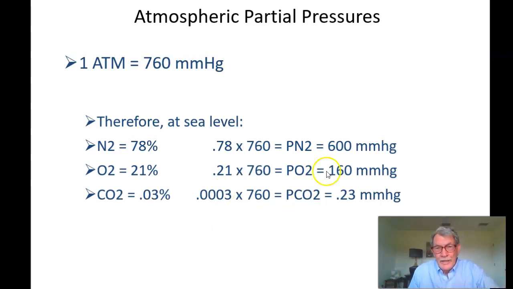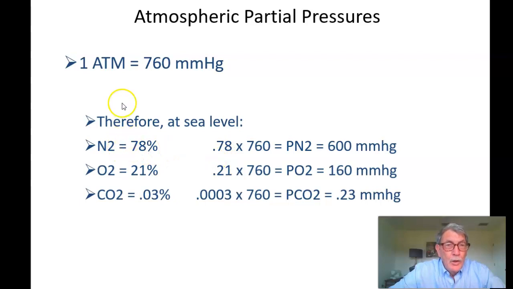It's only 1/4 of a millimeter of mercury. So for all practical purposes, we can say atmospheric CO2 is 0 for physiology. So really all we're worried about is 78 and 21 here.